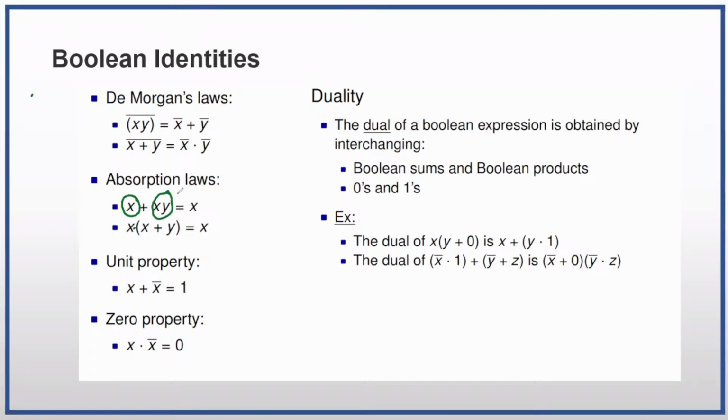Therefore, by the absorption law, you get the answer x. Also in these two terms, here is x, and here is x plus y. In both terms you can find x, so by the absorption law you get the answer x.